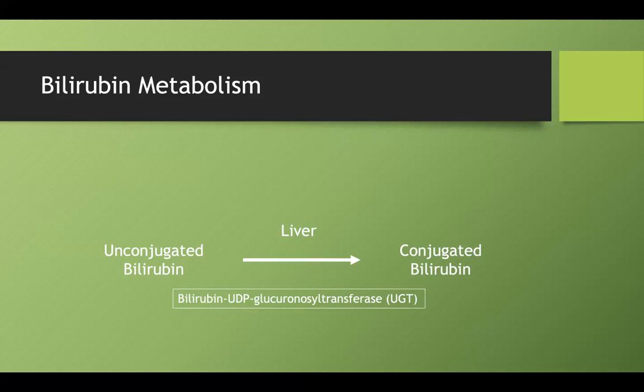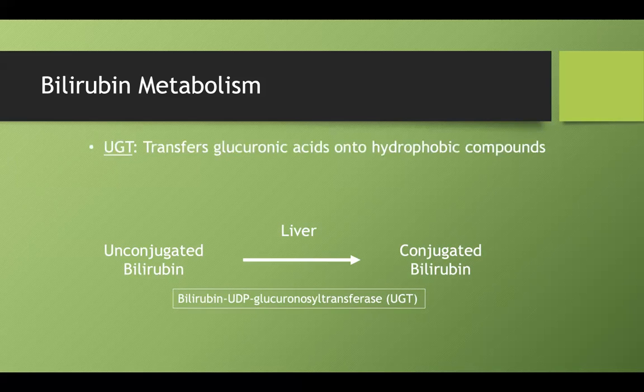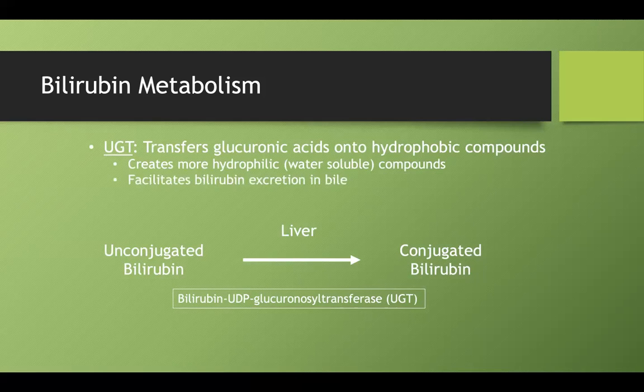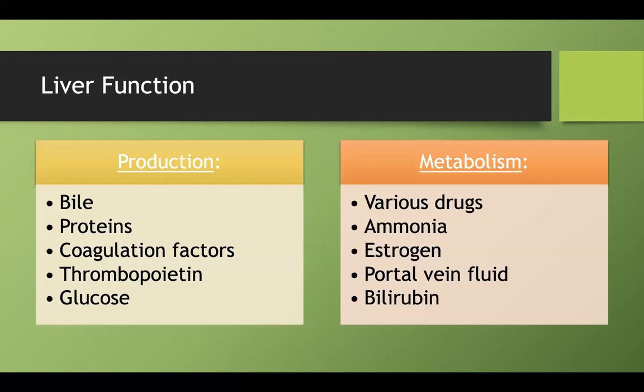So UGT is the big enzyme that's responsible for helping to create a more water-soluble compound. And how it does that, it actually adds glucuronic acids onto the hydrophobic compounds to give it a little bit more of a hydrophilic character. And because of this, once it's more hydrophilic, then it's easier to be able to mix with bile and be excreted in the GI tract.